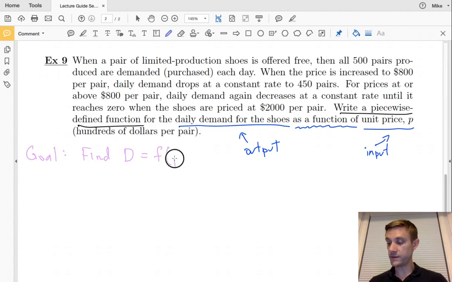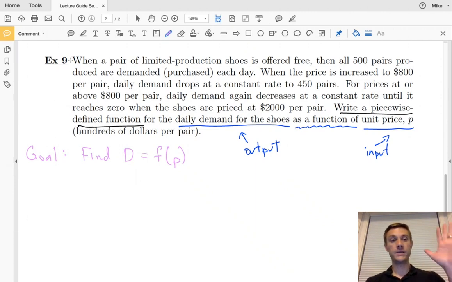We can't pick x this time, or t, but we're told that the input variable is going to be P for price, I'm assuming, and so there's our goal kind of mathified. Again, if we didn't have other information, we wouldn't be able to get very far with this, but now that we know our goal is to find a formula, maybe if we dig back through this original statement, we can find what we're looking for.